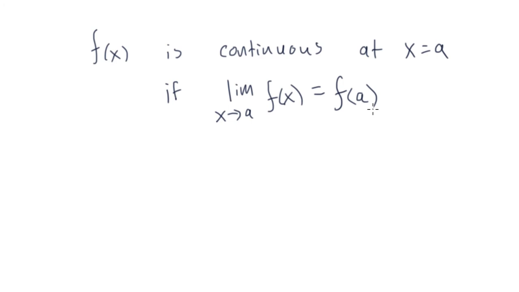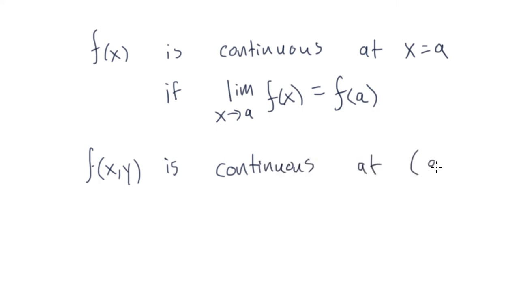We have exactly the same situation for a function of two variables. We have f of x, y is continuous, this time at some point (a, b), if it's exactly the same thing.